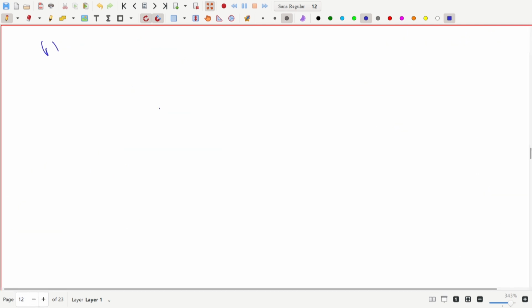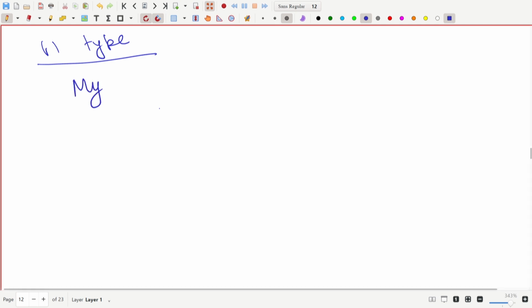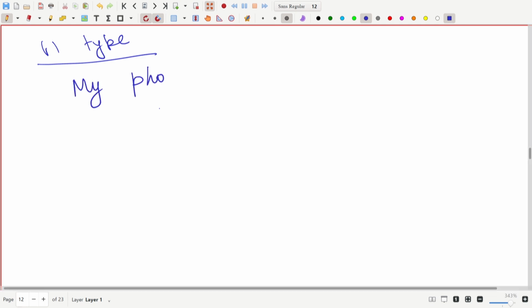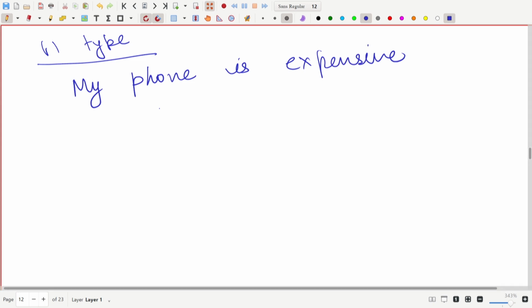So E-type adjective, let's learn. It's very simple, you can put it anywhere. So if you want to say mountains are high in Japan, in India, or wherever, or my phone is expensive. The best is my phone is expensive. How will you say?